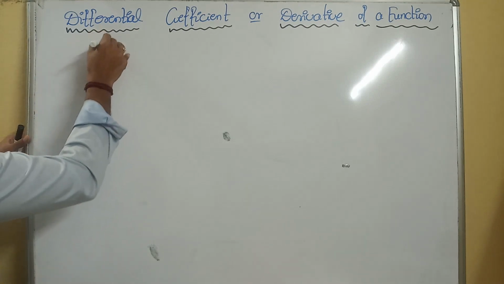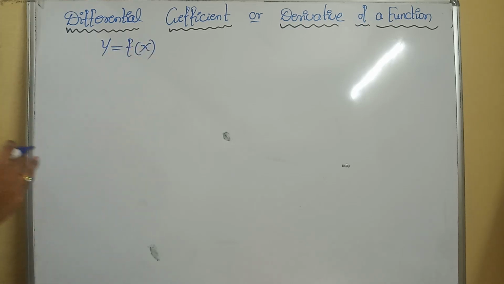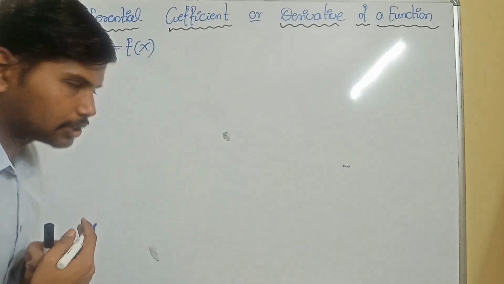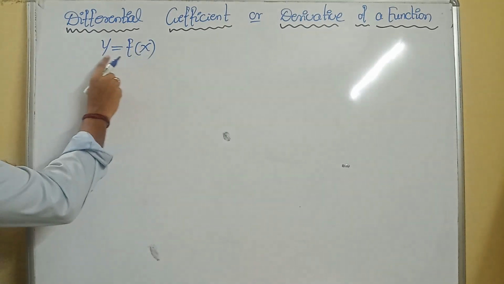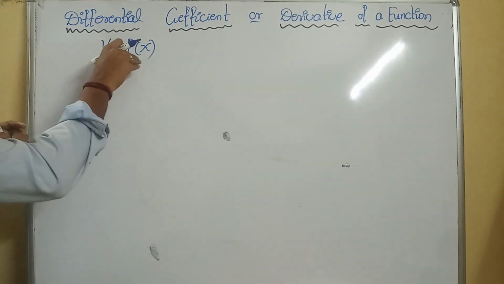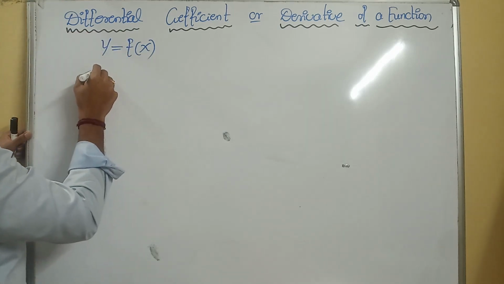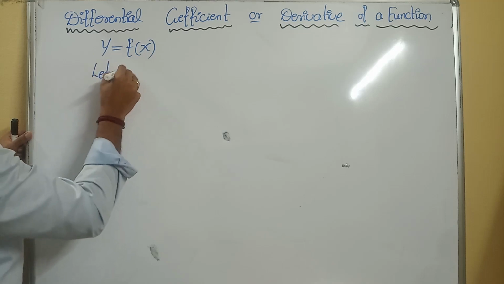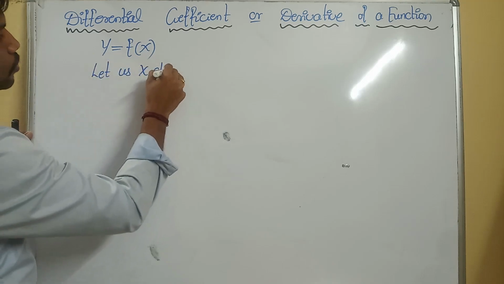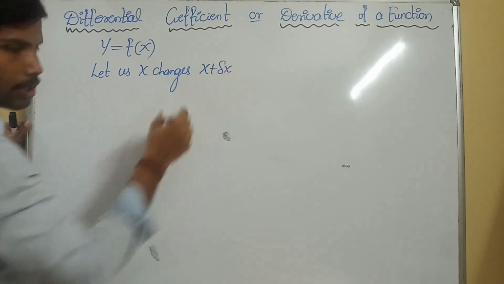The given function is y is equal to f of x. Derivative means a small change in the particular function. Here x is the domain, y is the range part. As there is a change in the domain, there must be a change in the range. Let x change to x plus delta x, a change in the domain.